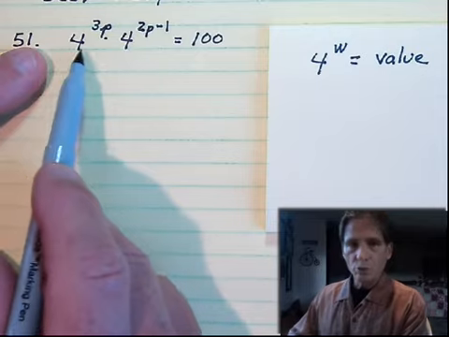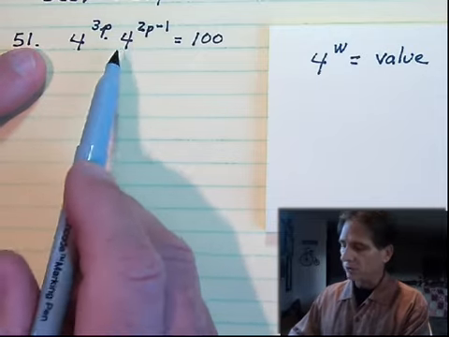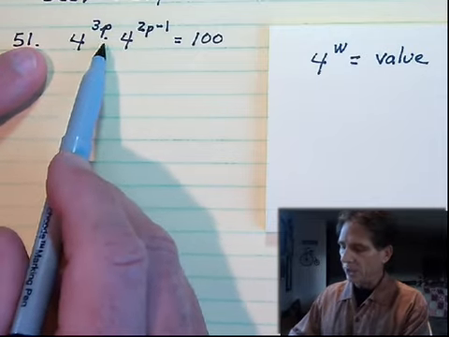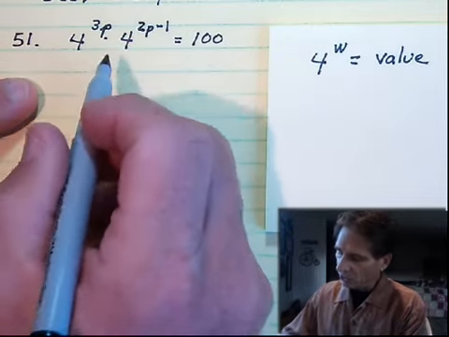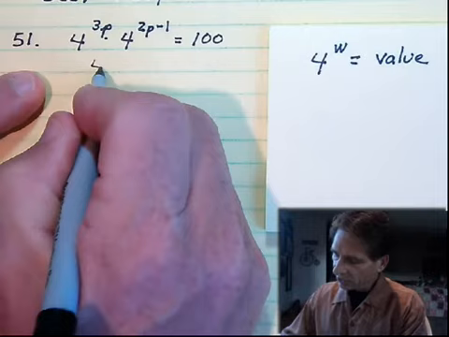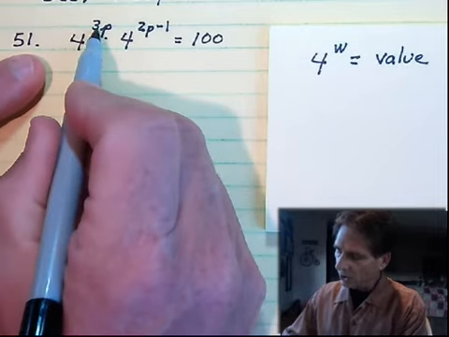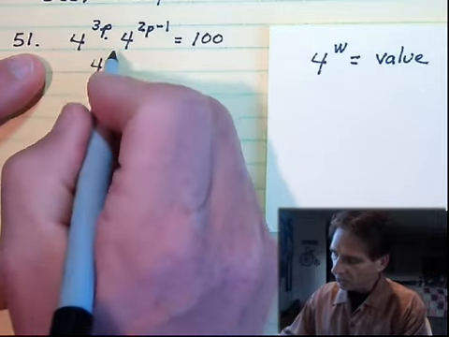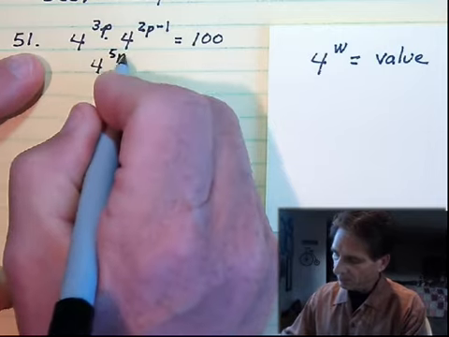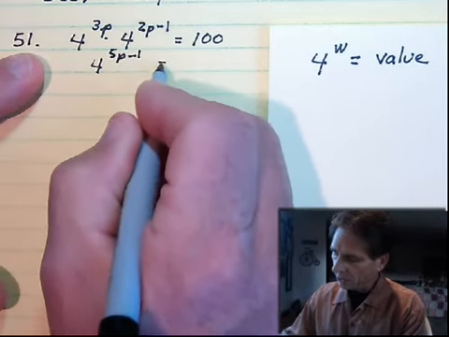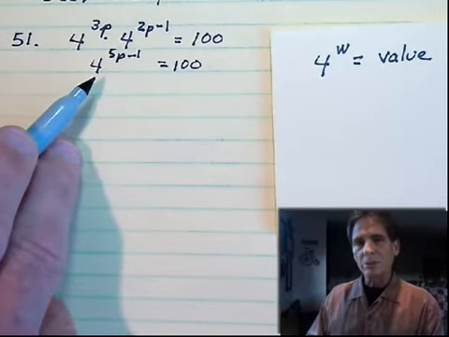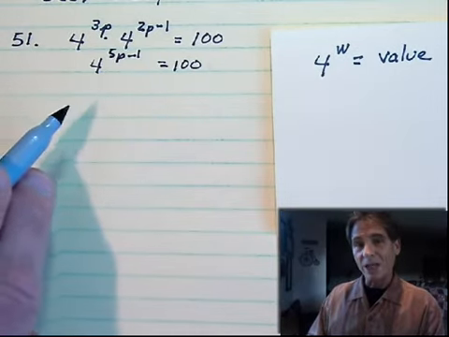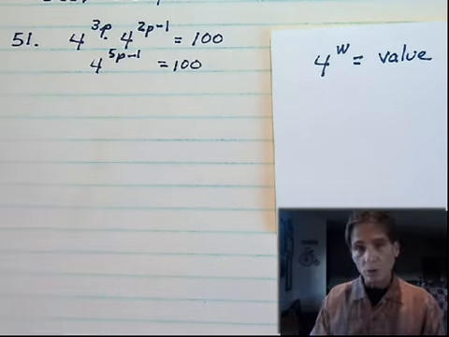Well, I have two 4's right now, but the properties of exponents allow me to add exponents when I'm multiplying the same base. So that's what I'll do. So this reduces down to, I'll add 3p plus 2p, which makes 5p, minus 1 equals 100. Now, what I'm actually going to do is the minus 1 means to divide by 4.